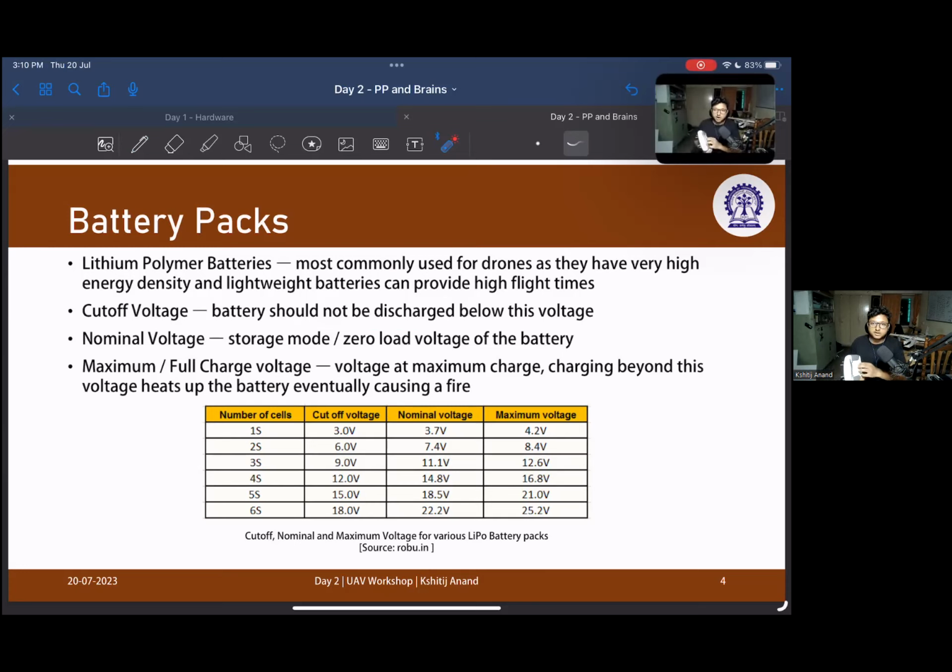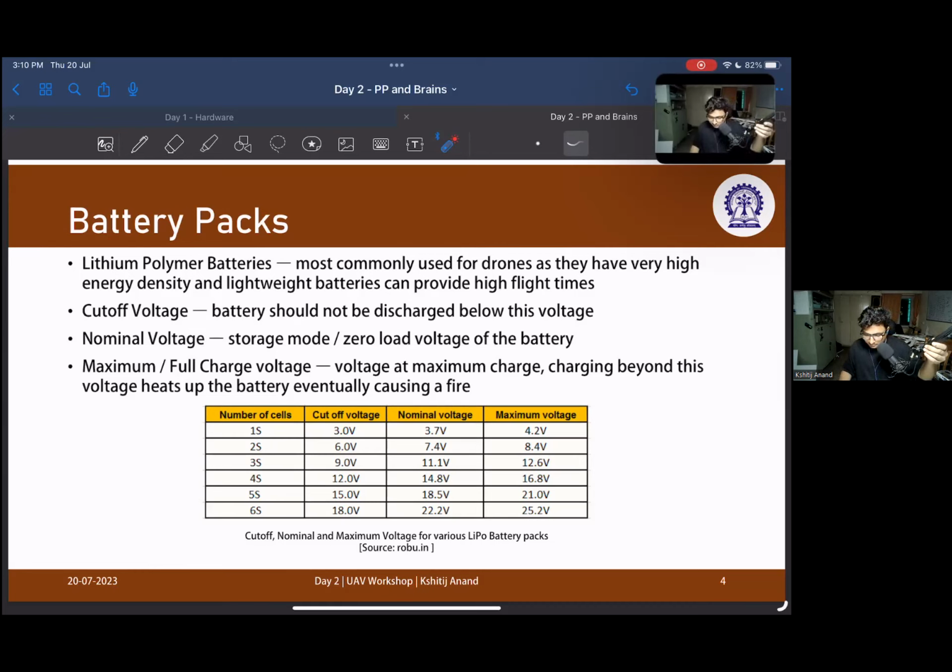So how many cells are there in a battery pack is denoted by a number followed by S. So 1s, 2s, 3s, 4s, 5s, 6s all mean that many cells in that battery pack. Now, all the LiPo batteries that we use generally have a standard 3.7 volts per cell. And if you have one, two, three, then they are all connected in series. So basically, the voltage keeps on increasing.